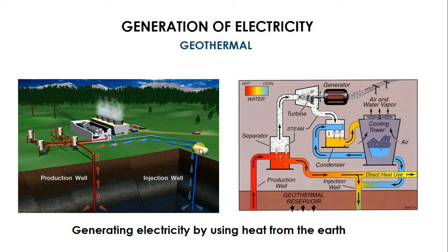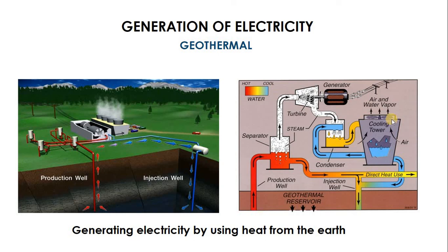So when water is pumped into the pipe that goes into the earth, because we have a high temperature in the earth, the water is heated. It is heated and then comes out as steam, and goes to drive a steam turbine to produce electricity.